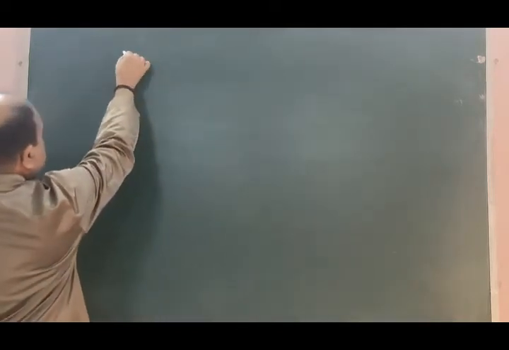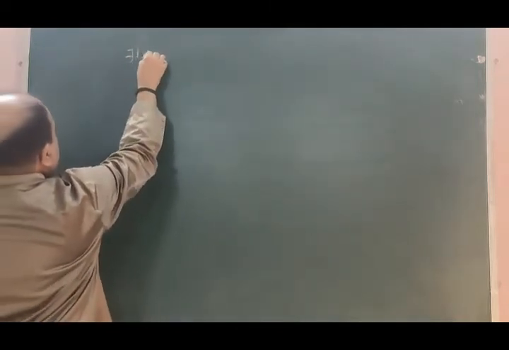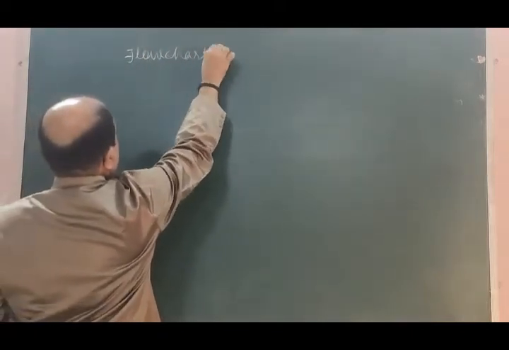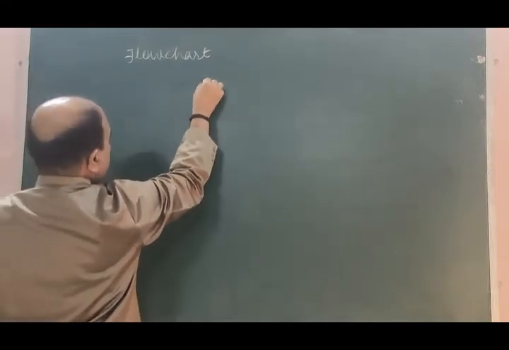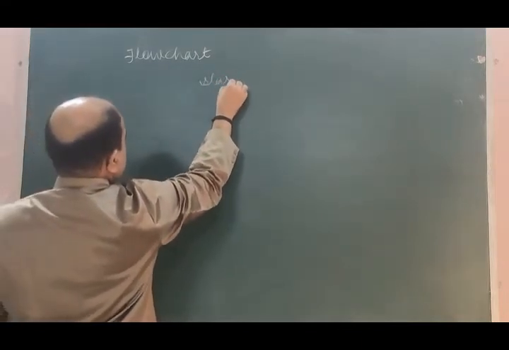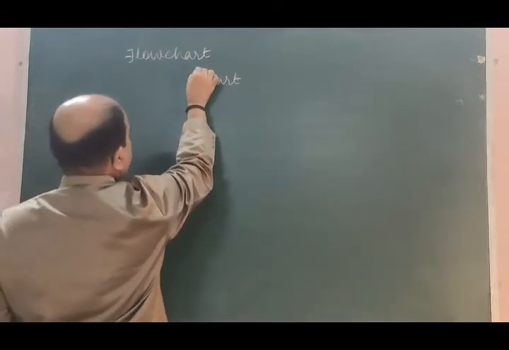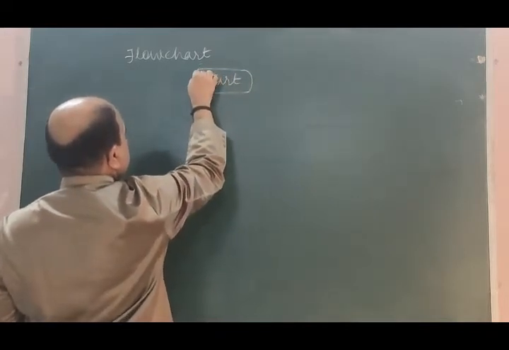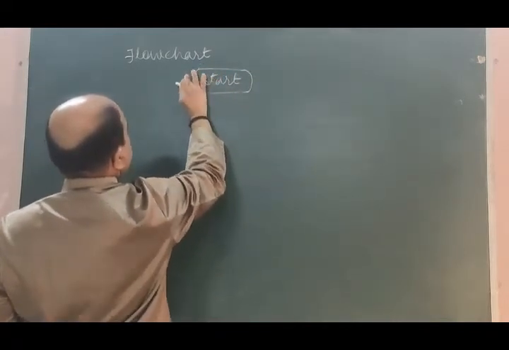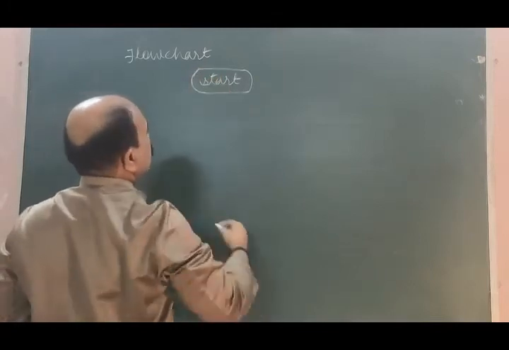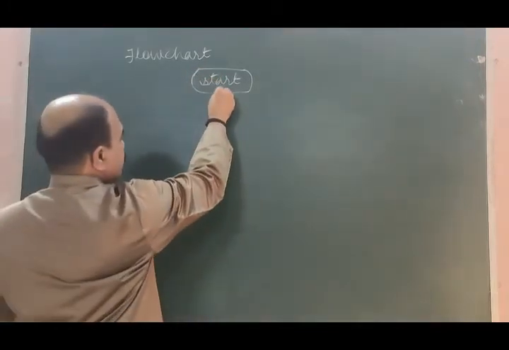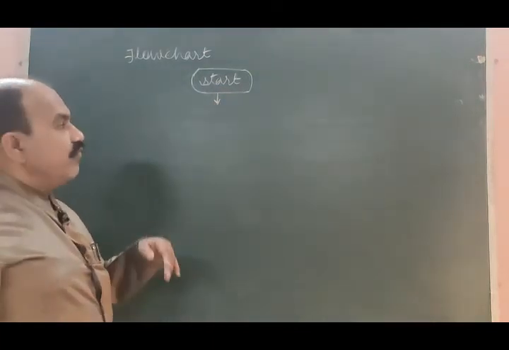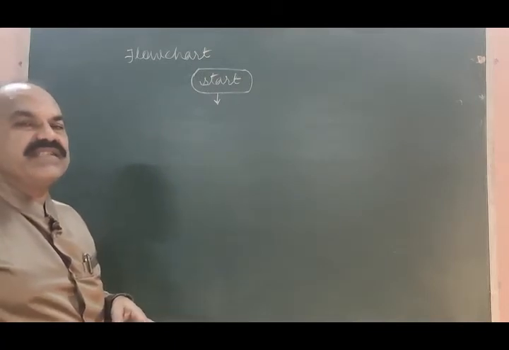Flow chart. First thing we have to do is start, and we have to write this inside an OHL. So inside an OHL I have written this start. Okay. After that, the flow of control. What thing we have to do next?